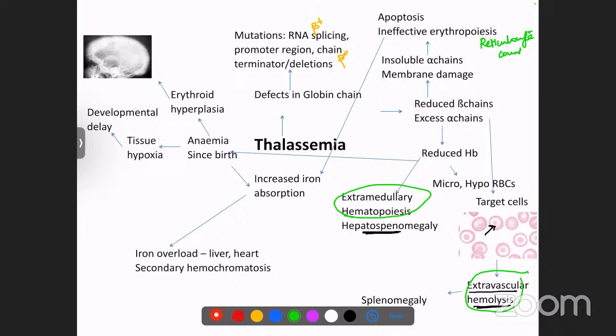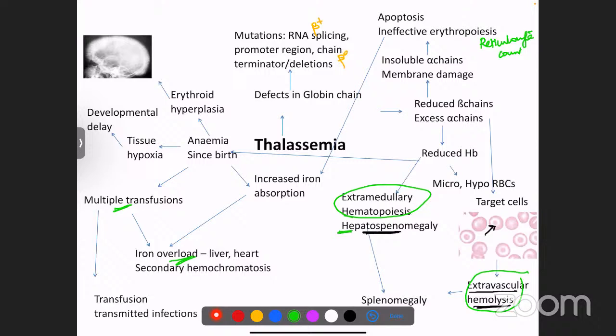Similarly, the reasons for hepatomegaly are, one, extramedullary hematopoiesis, and the other, iron overload. And finally, because of anemia since birth, the child will be dependent on multiple blood transfusions. So what is the hazard of multiple blood transfusions? Again, iron overload leading on to secondary hemochromatosis. What is the other problem with multiple blood transfusions? It is transfusion transmitted infections.